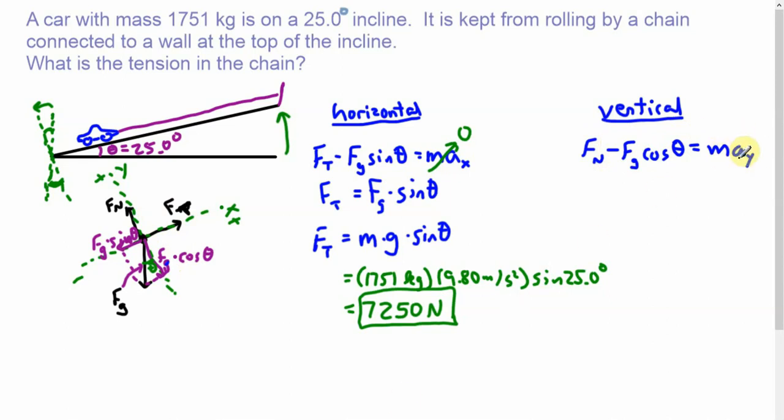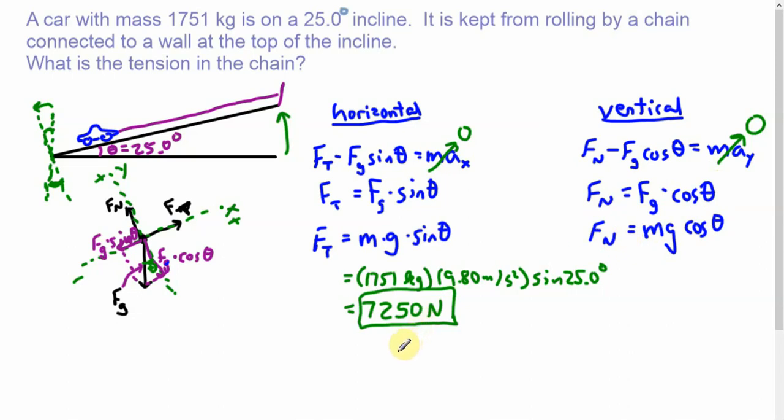But again, acceleration is 0 all around here. So we get Fn equals Fg times cosine theta, which is m times g times cosine theta. So we could actually figure out the normal force if we wanted to from this formula. But okay, this problem is good. We have figured it out.